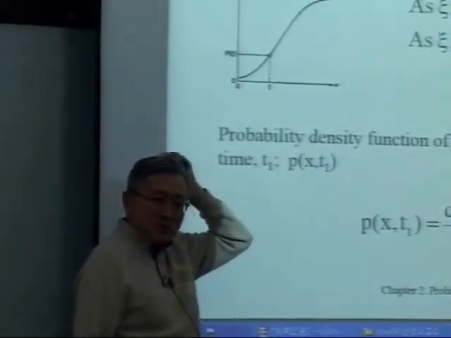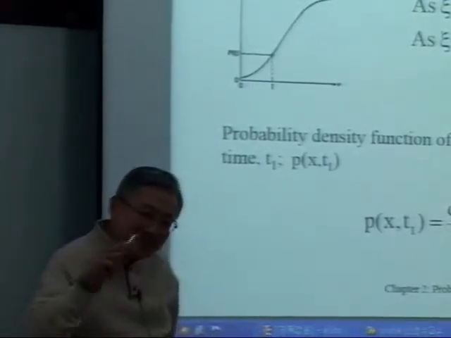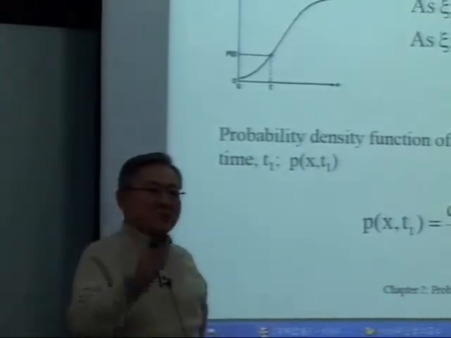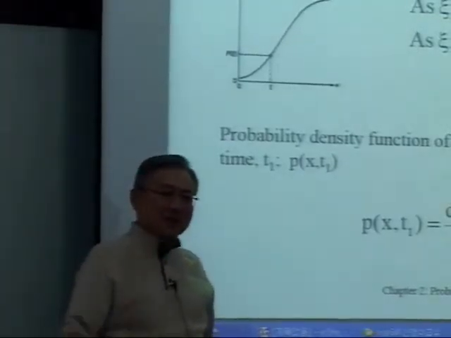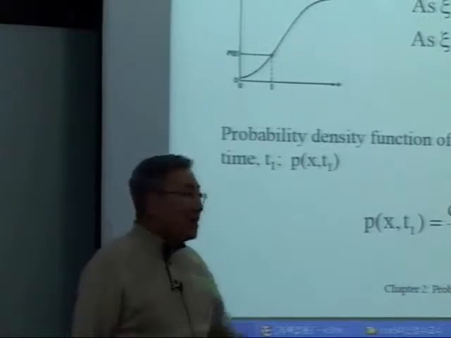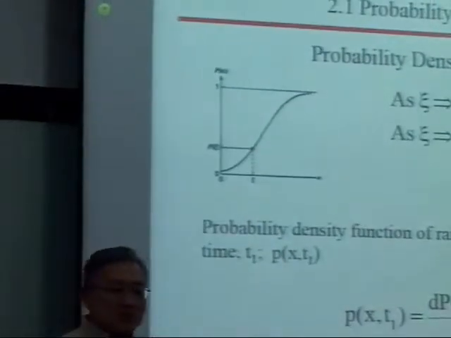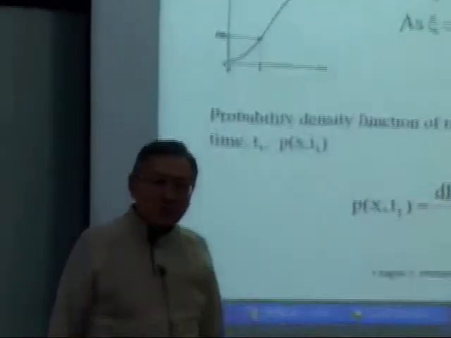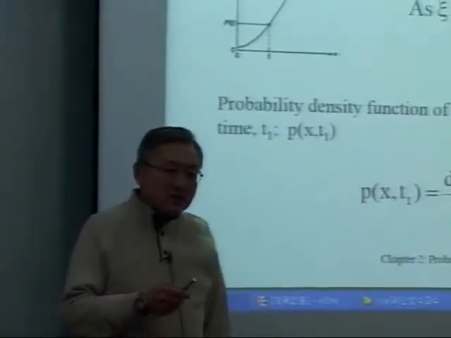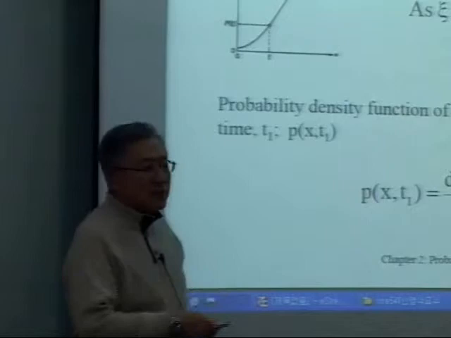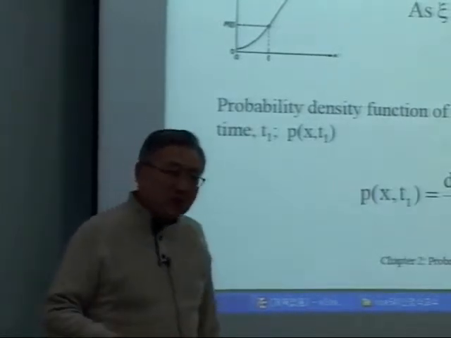If chi is approaching plus infinity, then the distribution function here is surely 1.